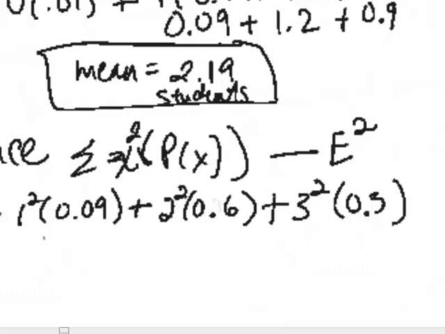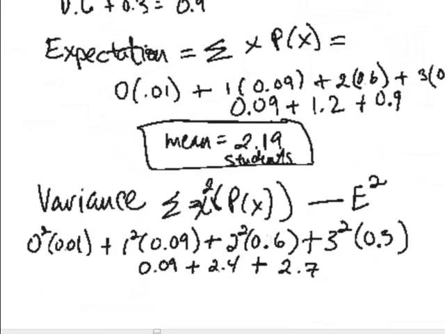So here we're still going to have 0.09. 4 times that would be 2.4 plus 9 times 0.3 would be 2.7. So that'd be 5.19. But then don't forget, what do we have to do? We have to subtract your 2.19 squared. I need to get my calculator out for that. Unfortunately, there it is.